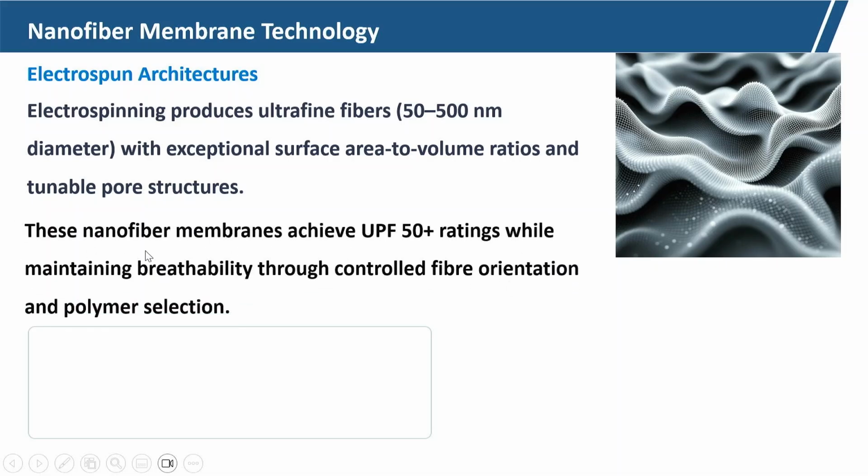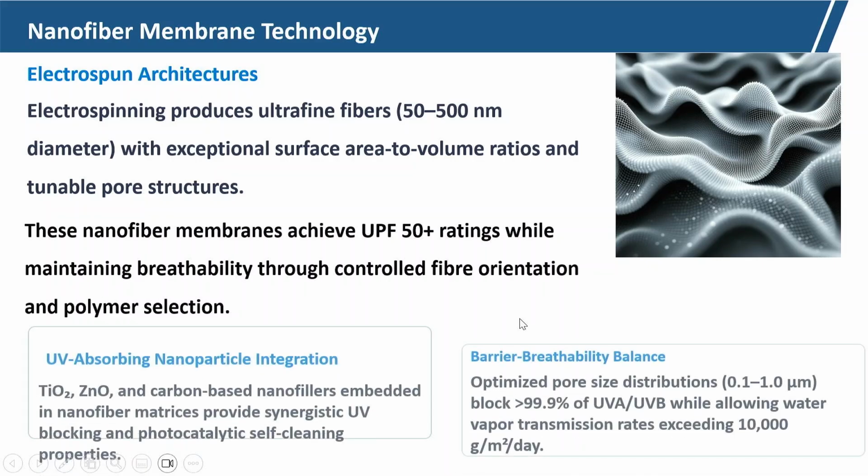In nanofiber membrane we can achieve a UPF level of more than 50, which is very good, and at the same time we can maintain the breathability and the flexibility.